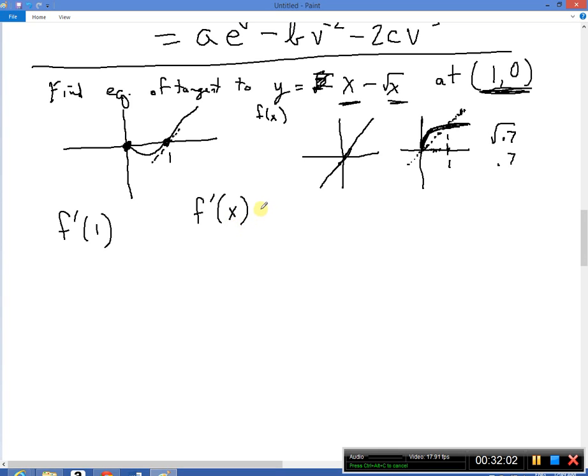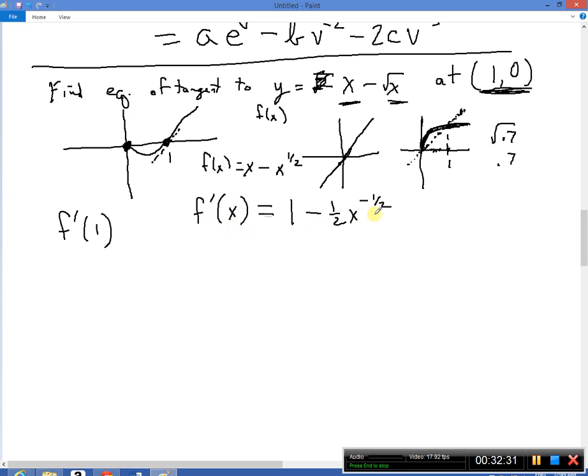So I will do that by looking at this function as f of x equals x minus x to the 1/2. And the high school rule tells me what the derivative of that is. 1. Derivative of x to the 1/2 will be 1/2 x to the 1/2 minus 1, which is minus a half. So this is the derivative of f at any x.